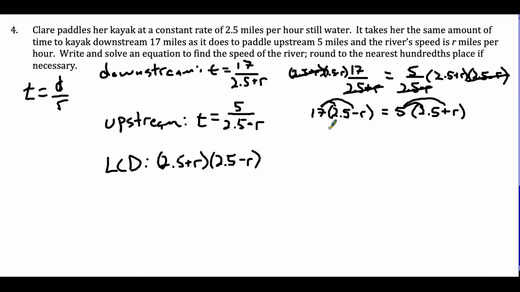So 17 times 2.5 is 42.5 minus 17r equals 5 times 2.5 is 12.5, and then plus 5r. So now get the r's together on one side. So I'll add the 17r over.